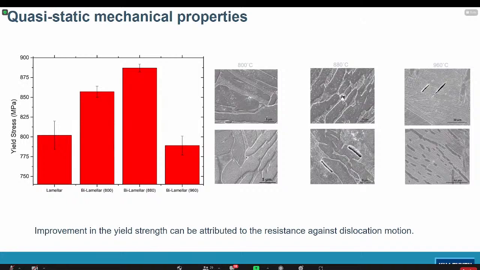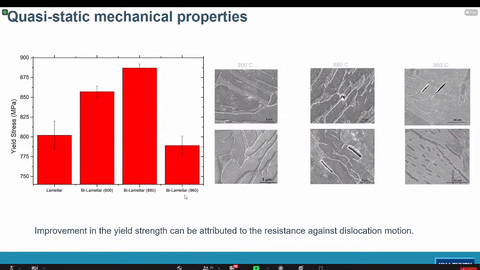Hence, they get blocked at the interface, and when enough dislocations are getting blocked, due to stress concentration, voids can be formed. The microstructures on the right were taken from the failed tensile bar. So for the samples that were heat treated at 800 and 880, we can see that the voids are forming at the interface of these two phases.